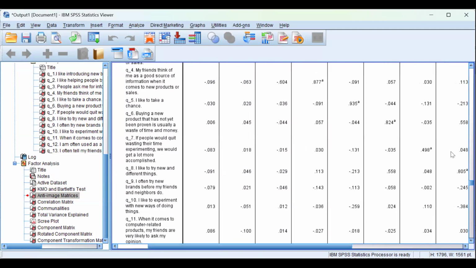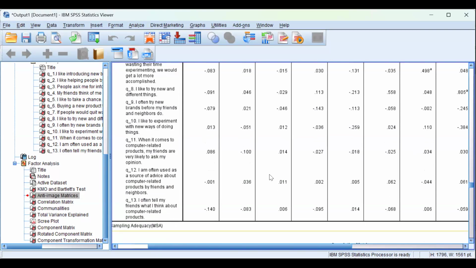Please look at my cursor. The value is 0.498. So if any item has a value less than 0.5, you should take note that this item may probably cause a problem. So you might have to delete this item, but not as of now. But just take note that Q7 might create some problems. So you move ahead then.